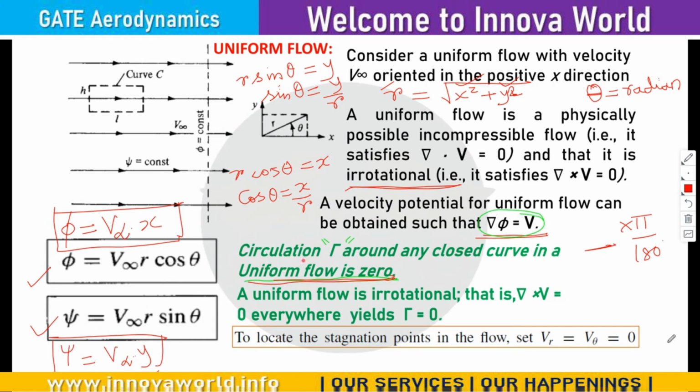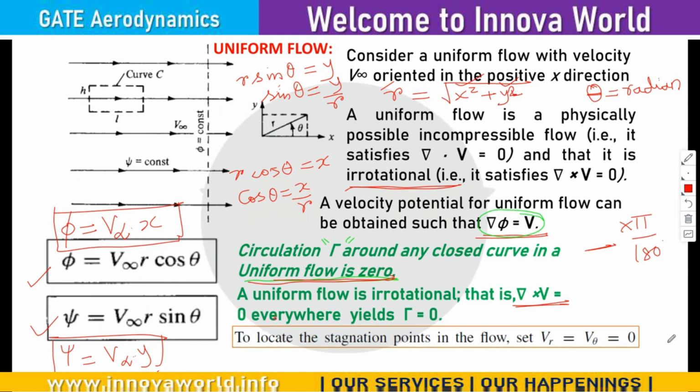Now the next important key point: a uniform flow is irrotational, that is, del cross V equals 0, whether at a particular point or in the infinite field of flow.